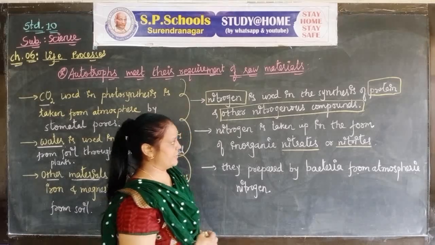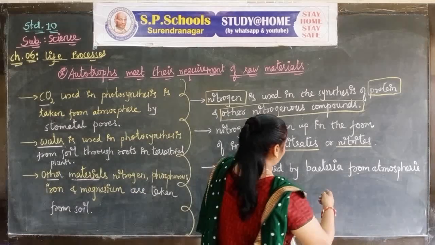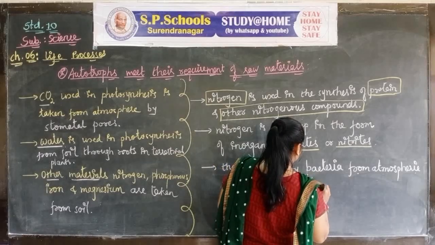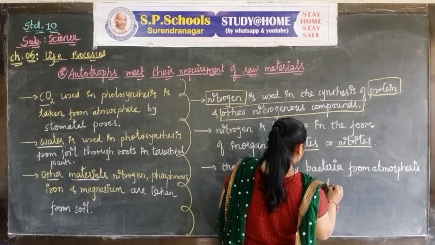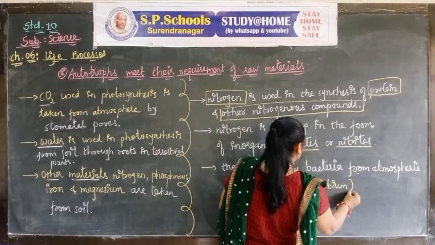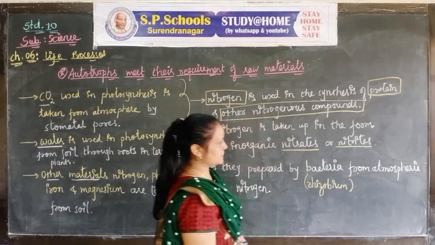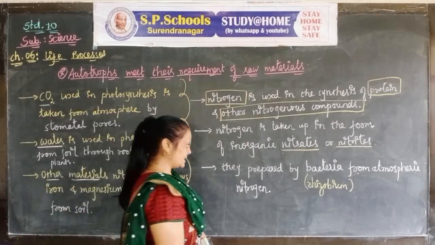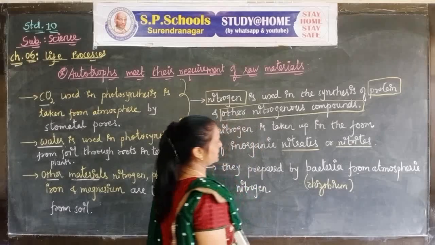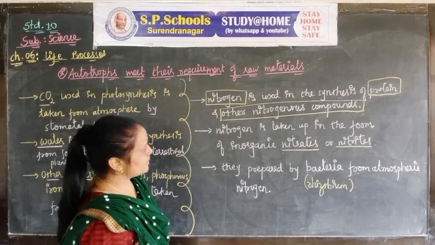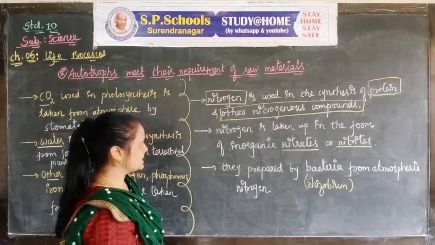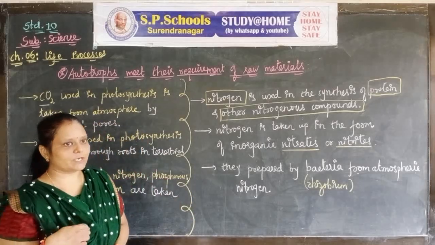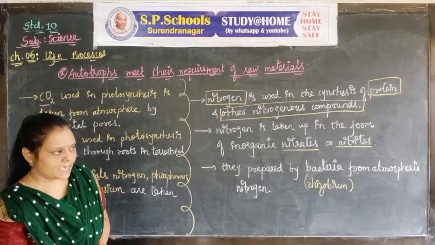In lower standard we already studied one type of bacteria, called nitrogen-fixing bacteria. They can fix atmospheric nitrogen. They are called rhizobium bacteria, and they prepare nitrates and nitrites, and through soil we can take nitrogen. We cannot take it directly from the atmosphere.